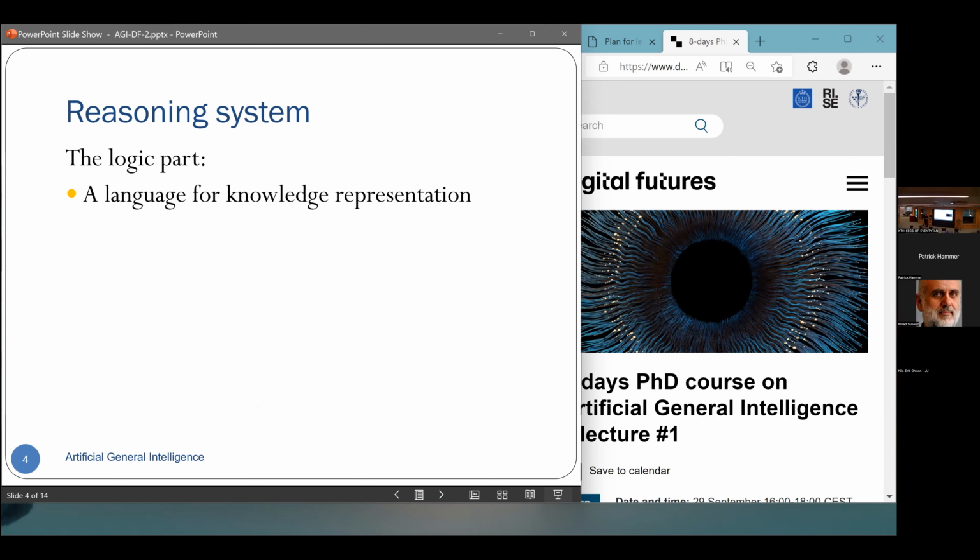First, as I already mentioned, a language, a formal or semi-formal language. You need to specify what kind of sentences are allowed to represent your knowledge. The second one, which everyone knows, is a set of inference rules, which are related to the first one because they only use those sentences to do reasoning.